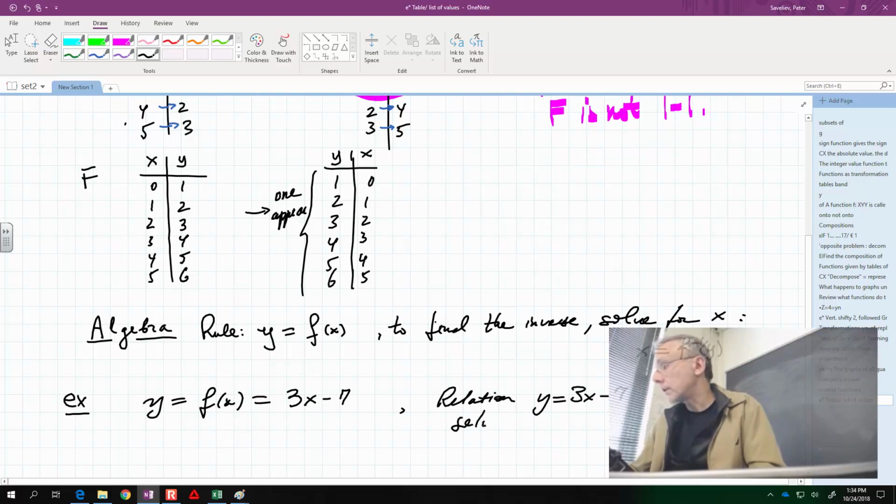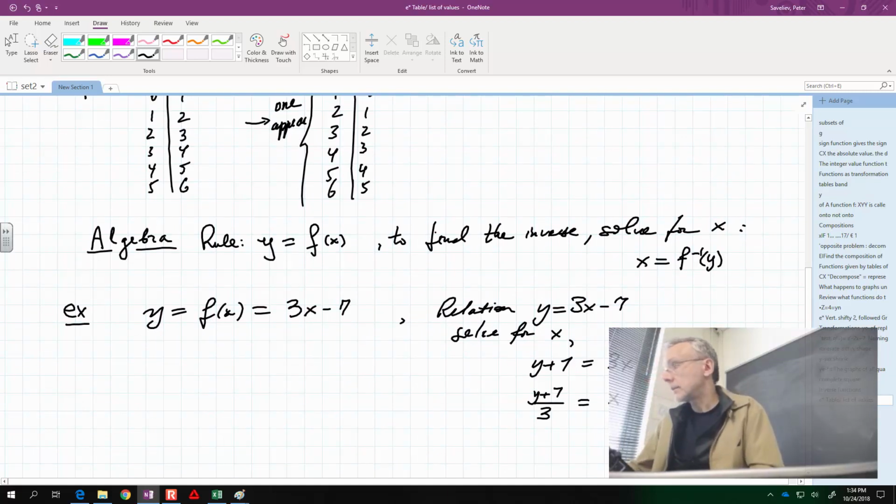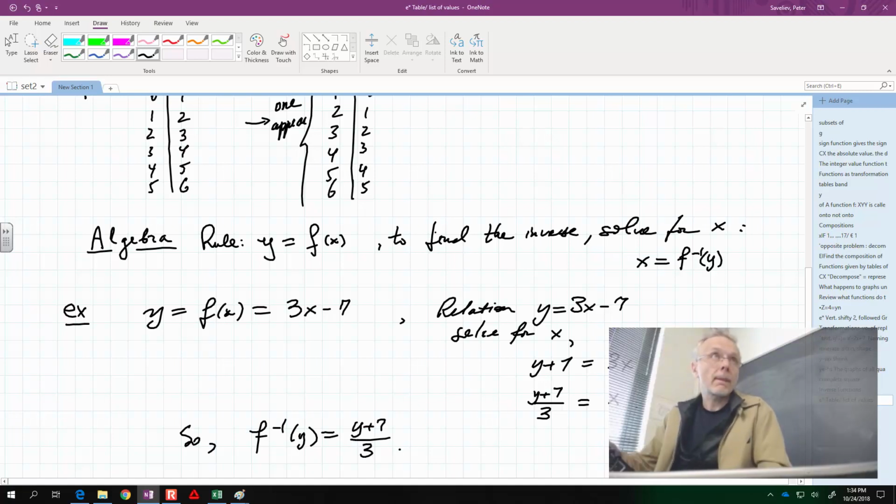Solve for x. So you have y plus 7 is equal to 3x, and x is equal to y plus 7 over 3. So the answer becomes f inverse of y is equal to y plus 7 over 3. Okay?